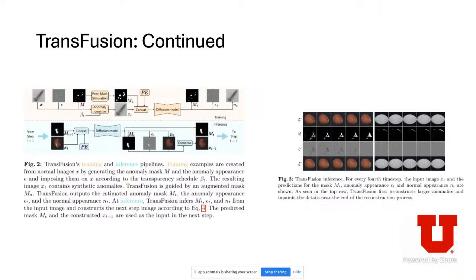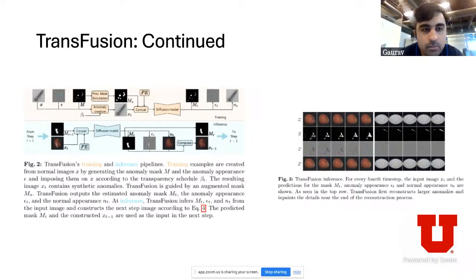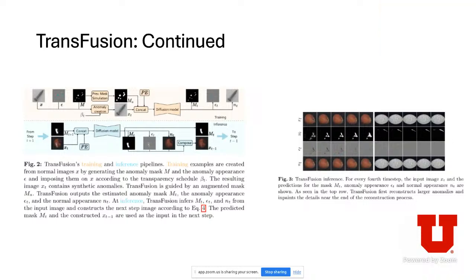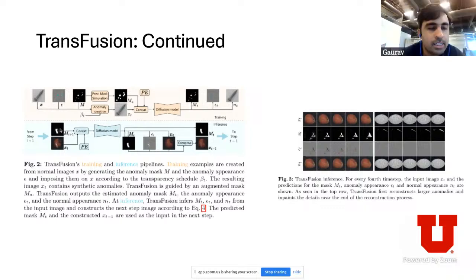Your mask doesn't change. Yes, the mask is being predicted here also. The mask is concatenated, and then using the diffusion model, the prediction is made. So the input is also different in this case. It's not just xt, but it's mt plus 1 and xt.